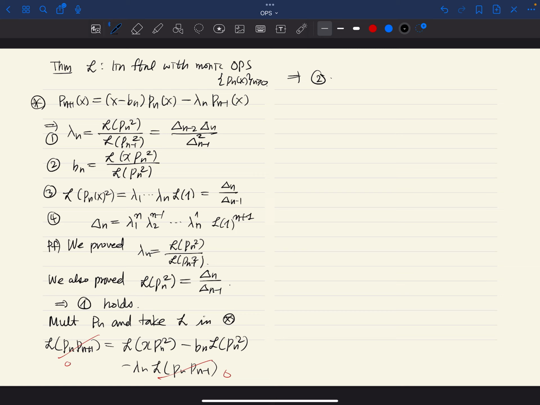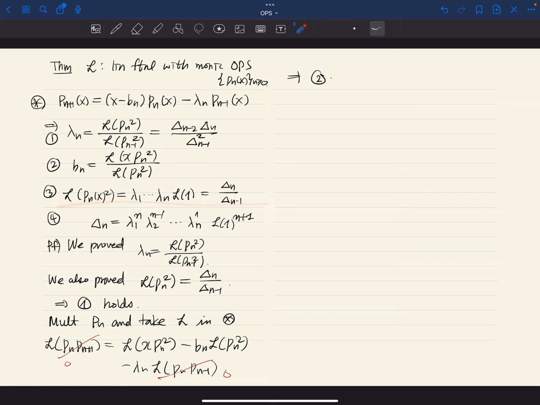Okay, so what about the third identity? These are now pretty easy. The third identity is the product of lambdas, and this just follows from this, and this follows from this if you multiply all of these.